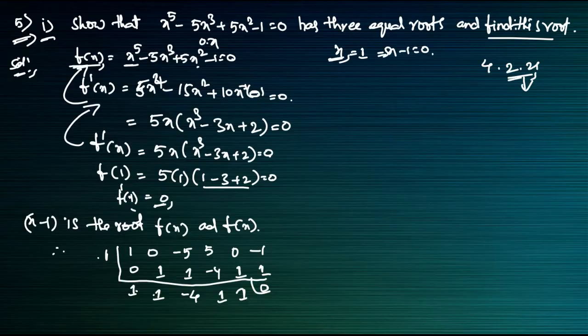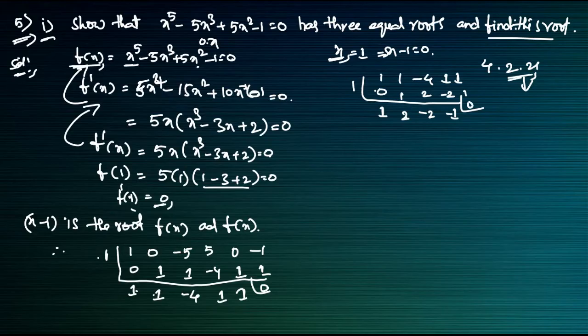So again we have to do this, so this one 1 1 minus 4 1 1, so 1 1 ja, here we'll take 0, so 1 1 will remain, 1 plus 1 is 2, 2 1 ja 2, so here 2 will come, this is minus 2, so 2 1 ja 2, it will become minus 2, so it will become minus 1, minus 1 1 ja 1, it will become 0, minus 1 equal to 0, so this minus 1 will come here.